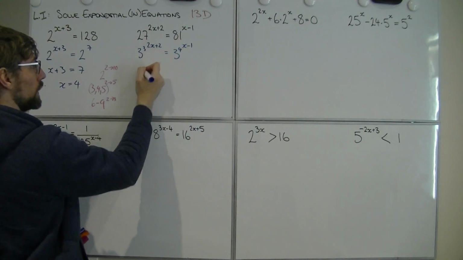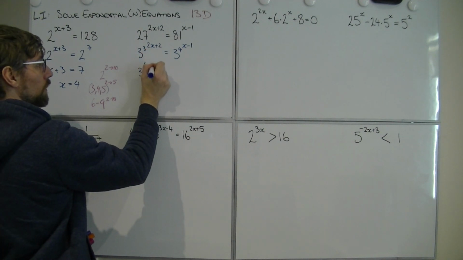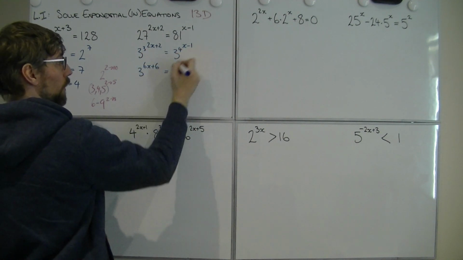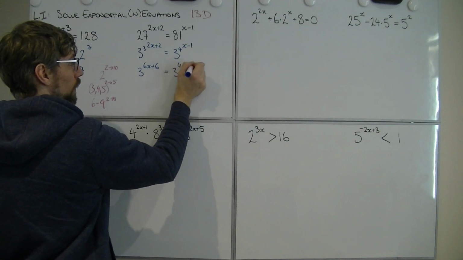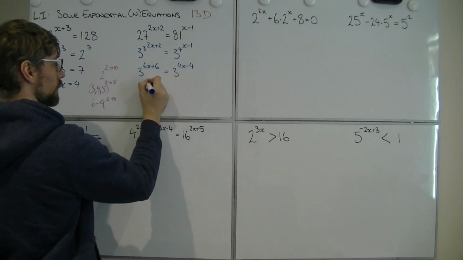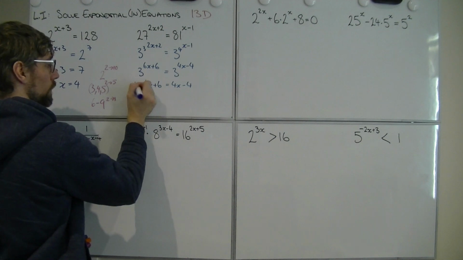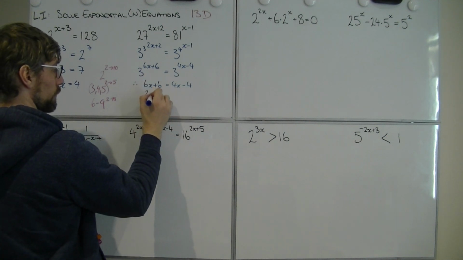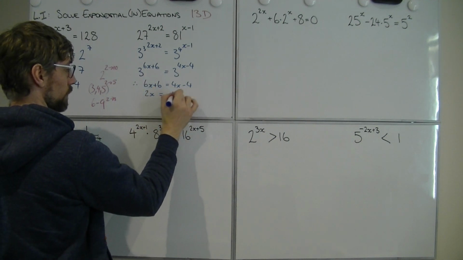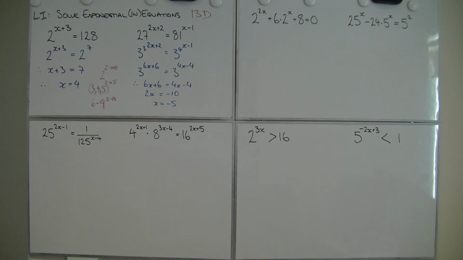Okay, well, index laws, so 3 times all of this, and 4 times all of this. There, great, we've got the same base, so we can ignore those now. This has to equal this. And now we're back in easy mode. What am I going to do? Minus that off. Minus this off. x is negative 5. Done. Beautiful.